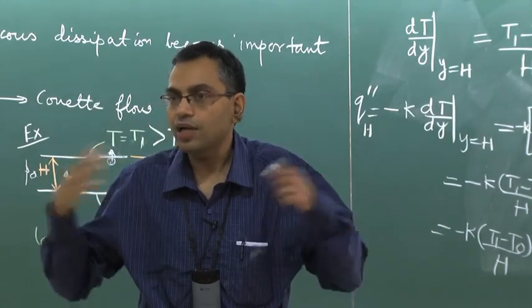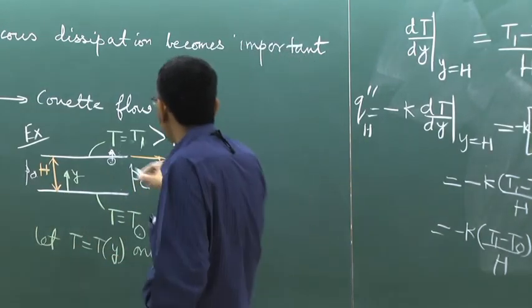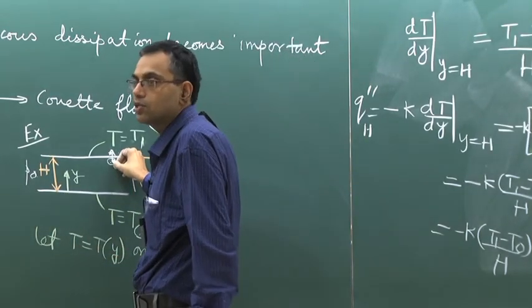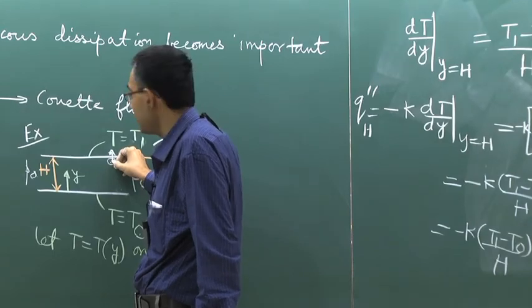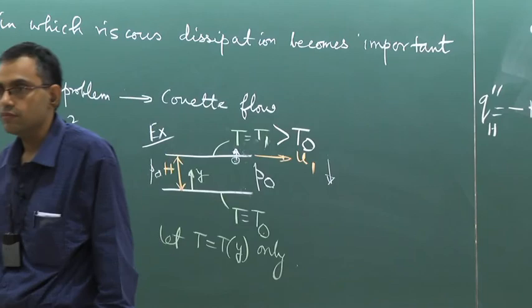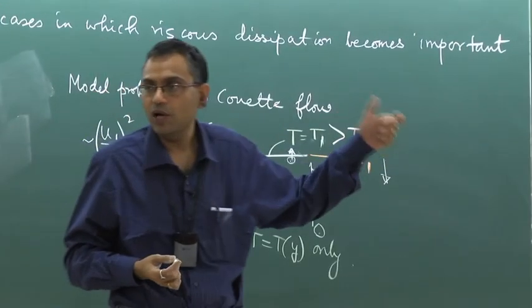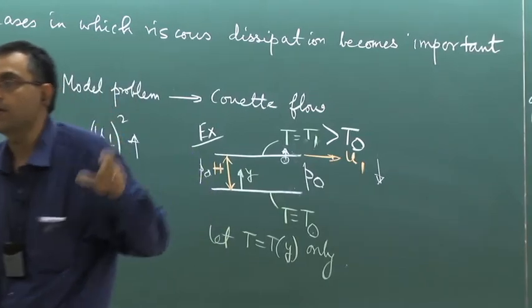It's not actually violating any law of thermodynamics. What is happening is there is local rise in temperature because of viscosity, and that creates a temperature gradient to drive the heat flux. So this kind of analysis may be very important for analyzing heat transfer in bearings.